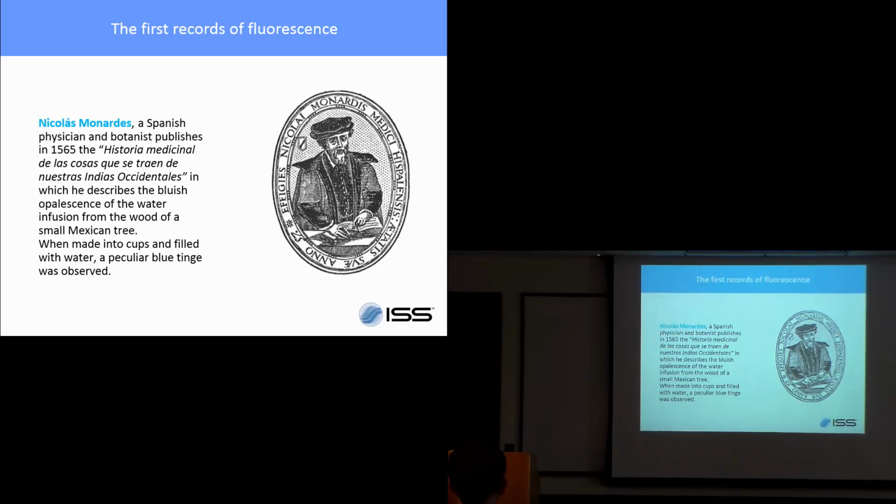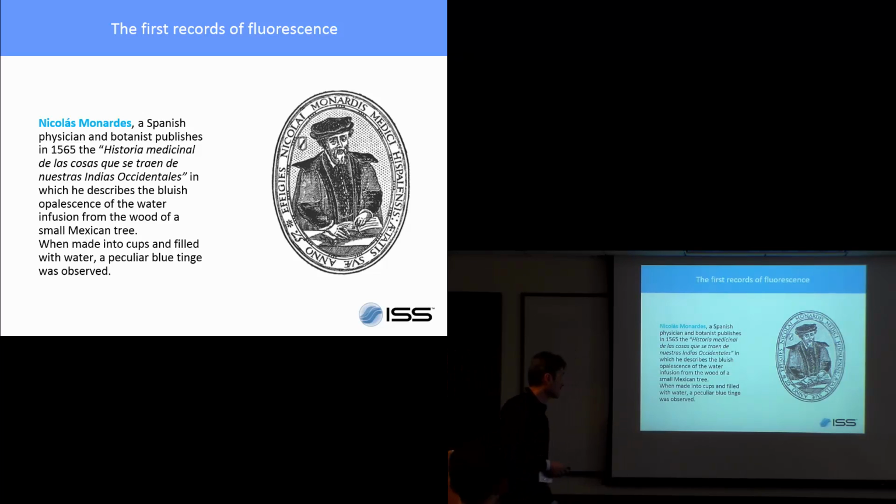And Nicolas Monardes, a physician, reported that the Indians were using a particular piece of wood from a tree, which, when left in water, would make the water colorful with a bluish color. And they were using this tree to cure some ailments.